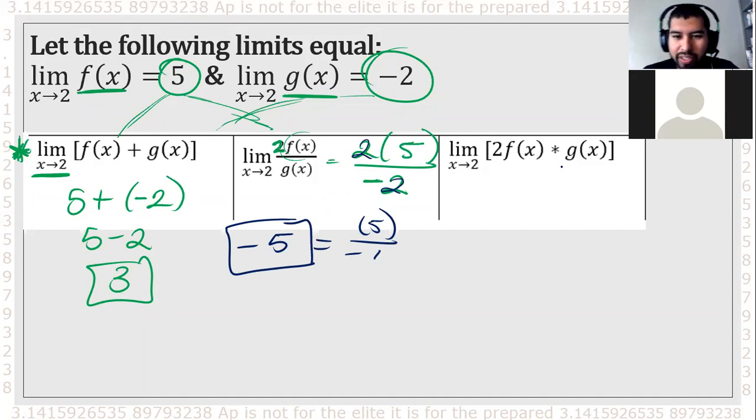The next one's pretty fun, so I'll see that one in the chat box. And this is my last example, guys. So remember, this is being multiplied by a 2 for the function f, and then that's being multiplied by the function g.